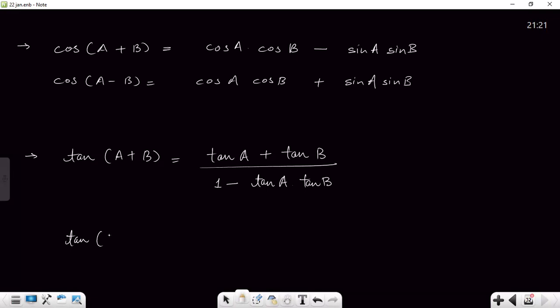And tan of A minus B is equal to tan of A minus tan of B divided by 1 plus, this time, tan of A into tan of B.